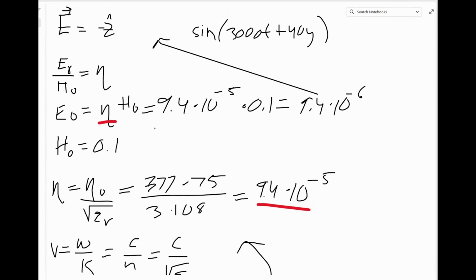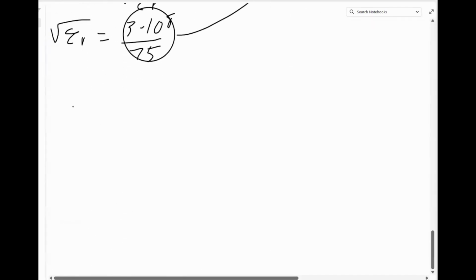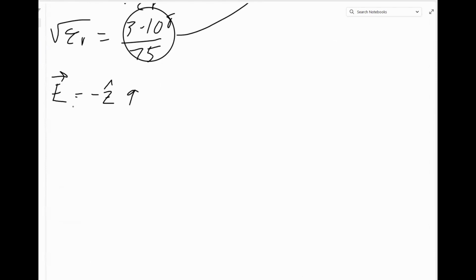So I'm going to rewrite that. So we have our E field equation equal to negative z hat times 9.4 times 10 to the power of -6 sine (3000t plus 40y), and our units are V over m.